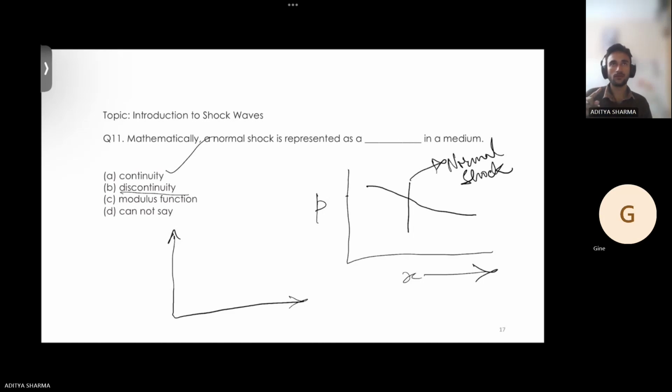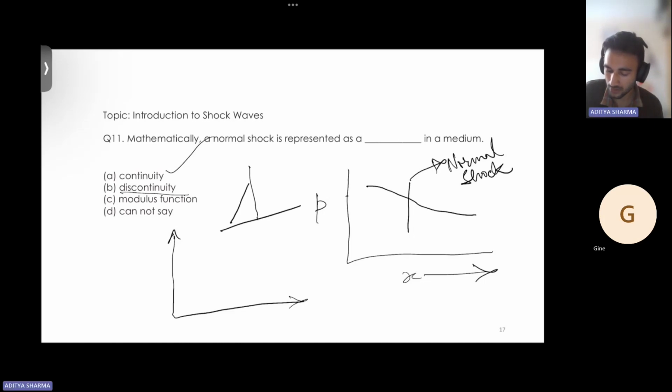So if the function is not continuous, it won't be differentiable at that particular point, right? So there is the modulus function, right? Something like this is a modulus function, right?